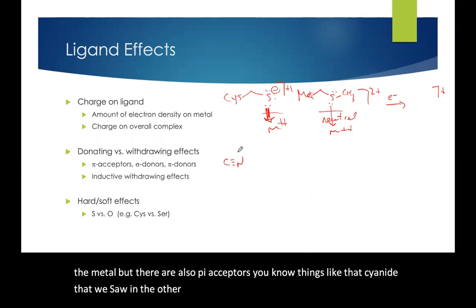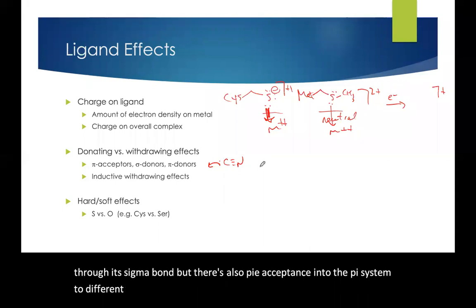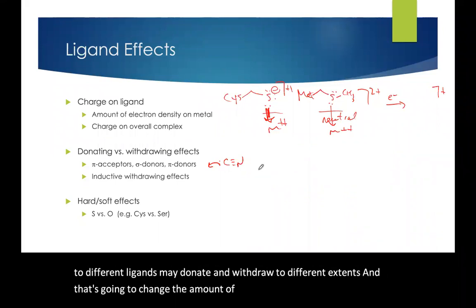That's a pi acceptor, and so it's donating through its sigma bond, but there's also pi acceptance into the pi system. So different ligands may donate and withdraw to different extents, and that's going to change the amount of electrophilicity, essentially, of the metal.